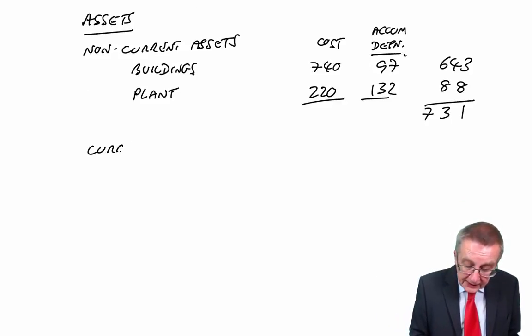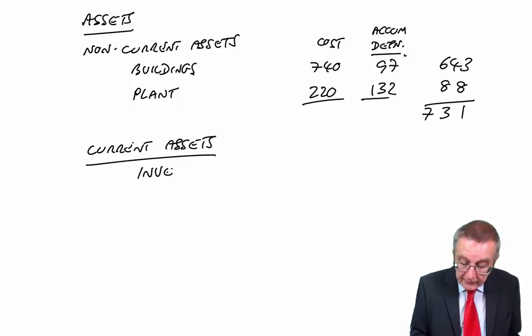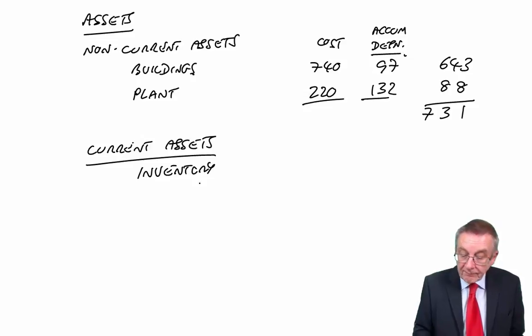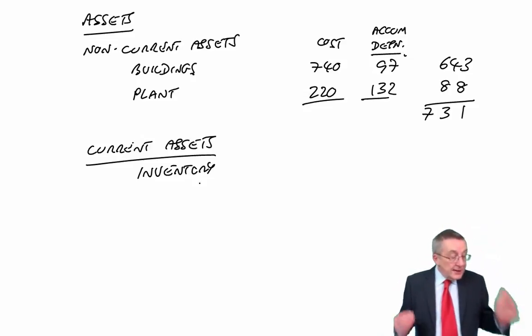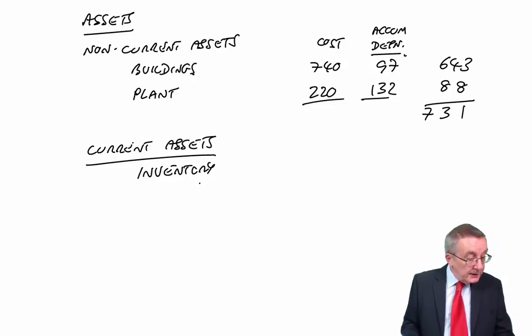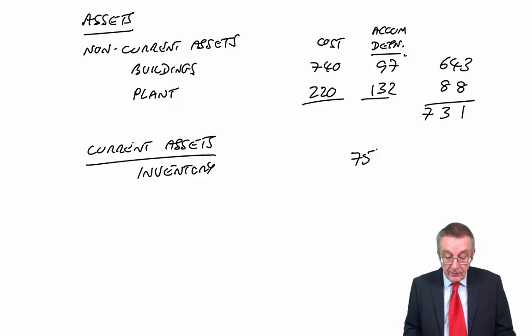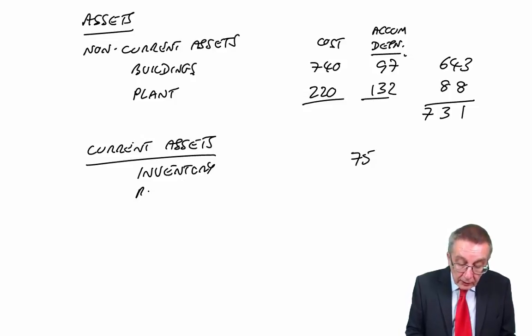What about current assets? What have we got? We've got inventory. Remember, the trial balance figure was the figure at the start of the year, but at the end of the year, from that third bit of information, it was 75. Everything's in thousands, remember. We've got receivables.